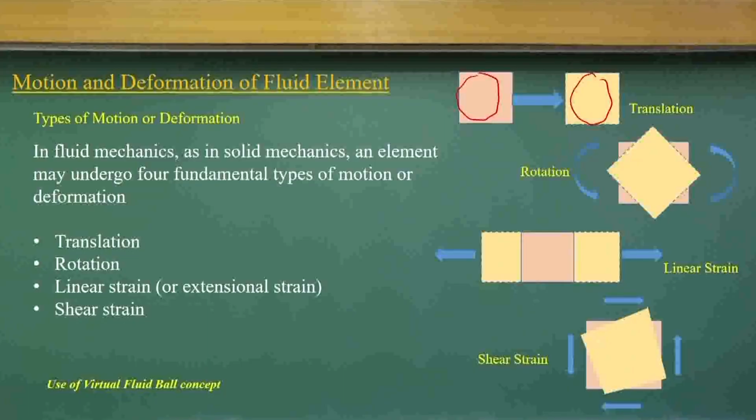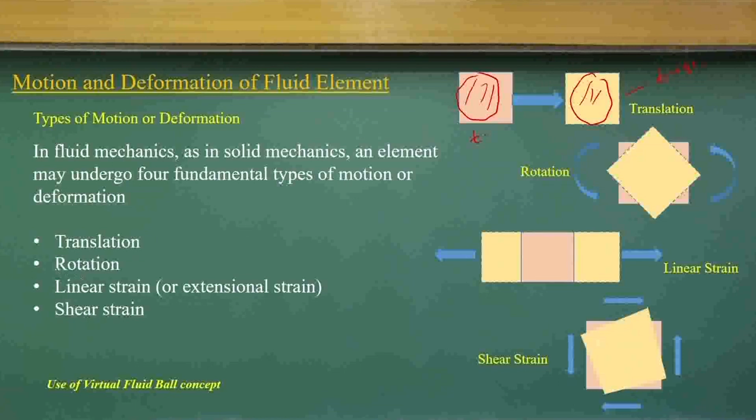So if the virtual ball is at time t, and this is time t plus delta t, we will have a more detailed discussion of how much it will travel. That depends upon the velocity at time t, and after delta t the displacement is simply velocity into delta t. So it's a very easy concept, how much displacement and translation there will be.